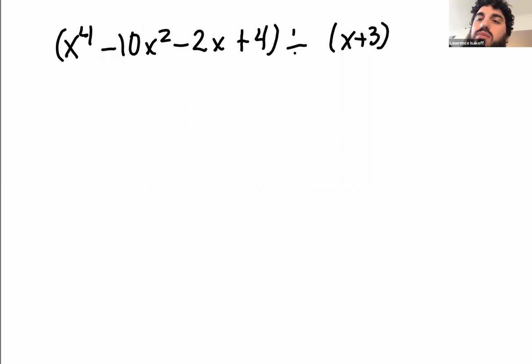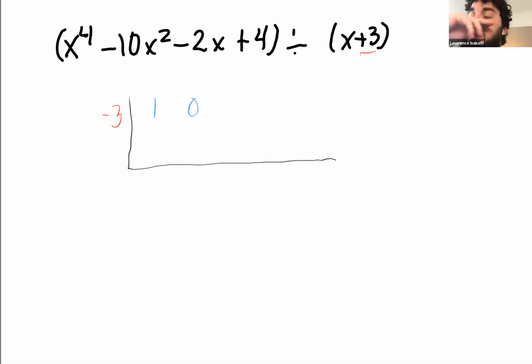So again, I draw my little box for the synthetic division. This was -3 in front. My coefficients are 1, 0 because there's no x cubed, -10, -2, and 4. Start with bringing down the 1 because there's nothing to add there.